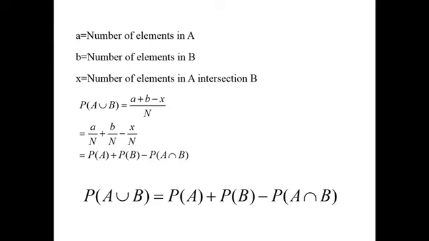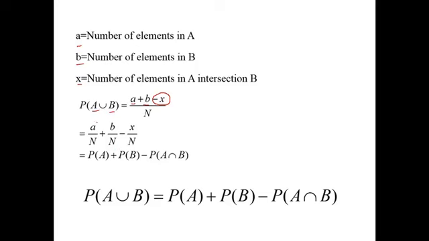So I have it written out here, and I calculate the probability of A union B. Well, that'll be the total number of things in A and B union together. You'd think at first that if we added A and B together, that would be it, but you'd be forgetting that you count the stuff in the overlap twice, so you have to take it out.